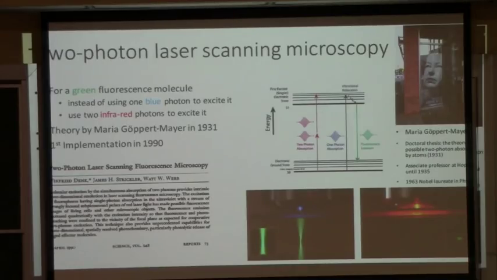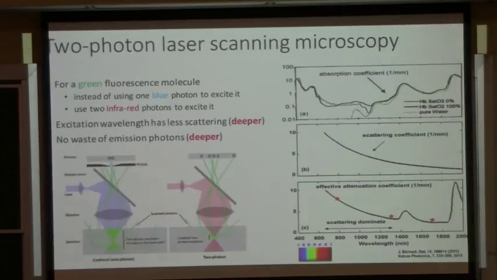Each photon has a focal point, and the rest will have low energy. But the two photon excitation can only be achieved when the two photons' focal points are met. So it will help to increase the image resolution as well.